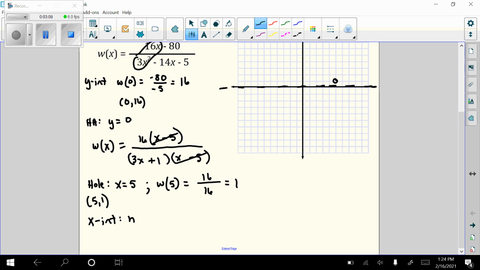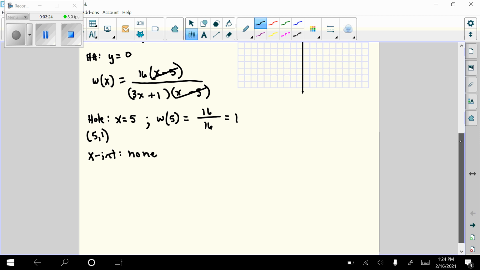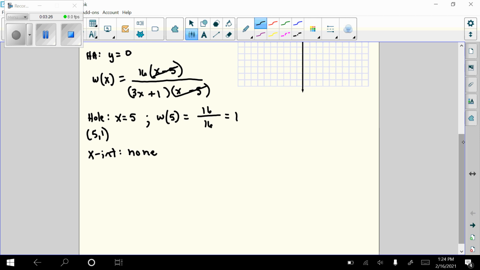My x-intercepts, I have none, because the one factor that would give me an x-intercept canceled. X can't be 5, so I'm not going to have an x-intercept. Plus, I have a horizontal asymptote, which kind of leads me to that idea, even though the graph can cross the horizontal asymptote.